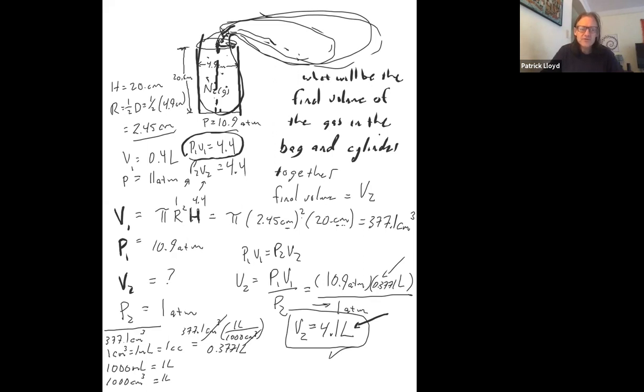Okay, let's see. Do we have enough time? I don't think we really have enough time to do Charles's or Avogadro's. So I'm going to end it right there. I went a little bit slower than I thought I would.